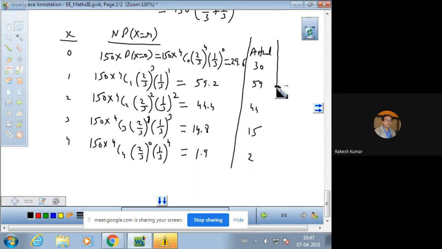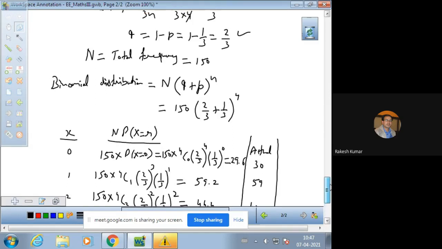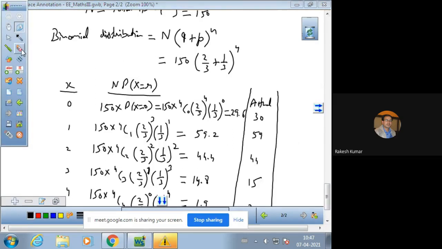These are the theoretical frequencies. Sorry, I may have misspoken by mistake. The actual frequencies are the ones which are given to us.